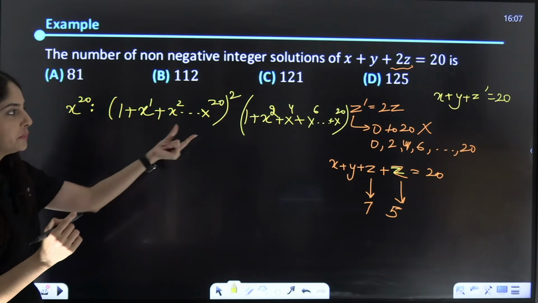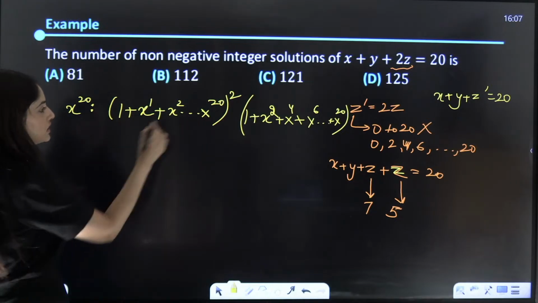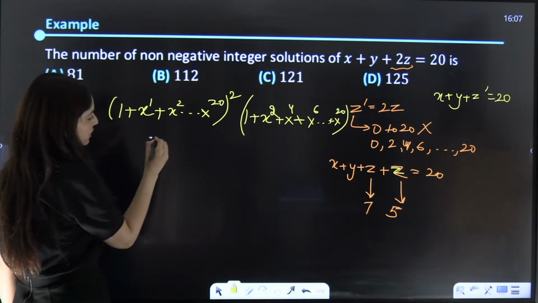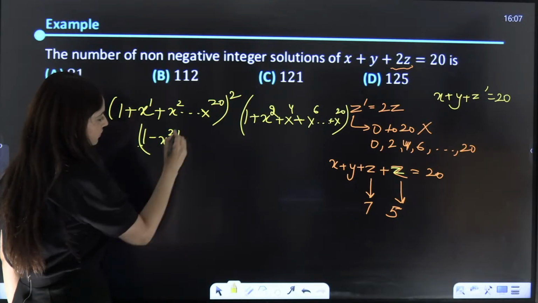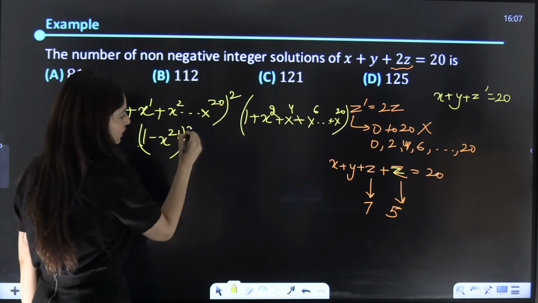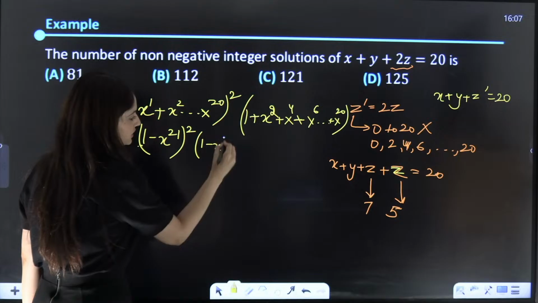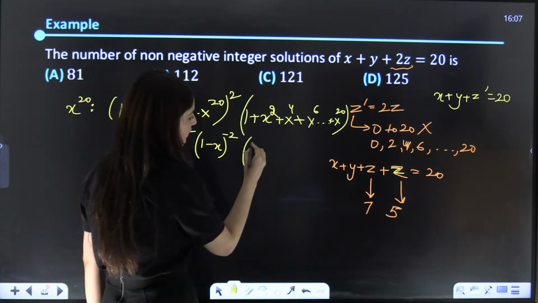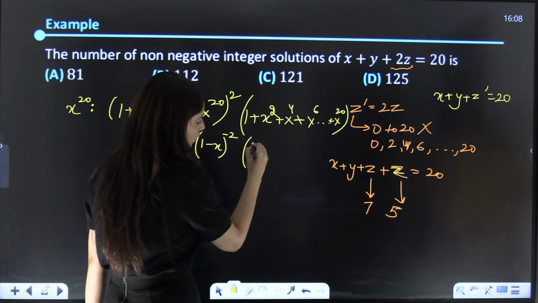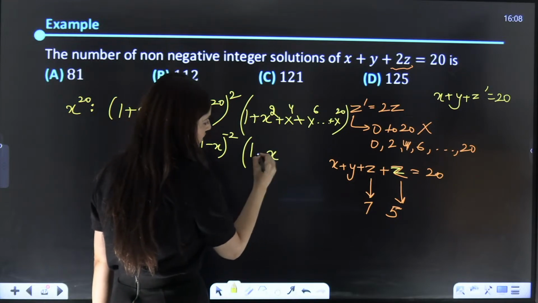This is a GP, this is still a GP. What is this GP? This is simply 1 minus x raised to power 21, square, 1 minus x raised to power minus 2. Here we have 1 minus x square.